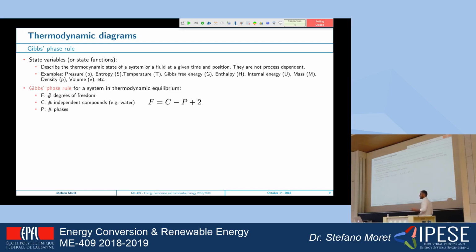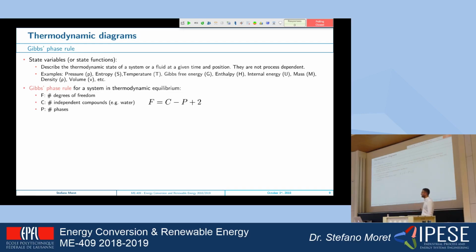It tells us that if we have a system in thermodynamic equilibrium and we want to characterize it, which means we want to know everything about the system, the number of degrees of freedom, so the number of variables we need to fix in order to know everything about the system, is given by the number of compounds minus the number of phases plus 2. Let's say, for example, we have liquid water. So we have one independent compound, which is water. We have one phase, which is liquid. So 1 minus 1 is 0.